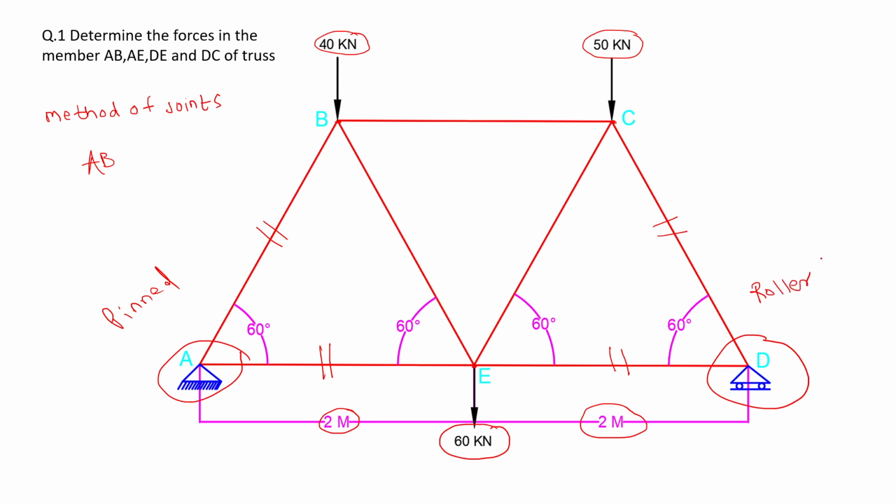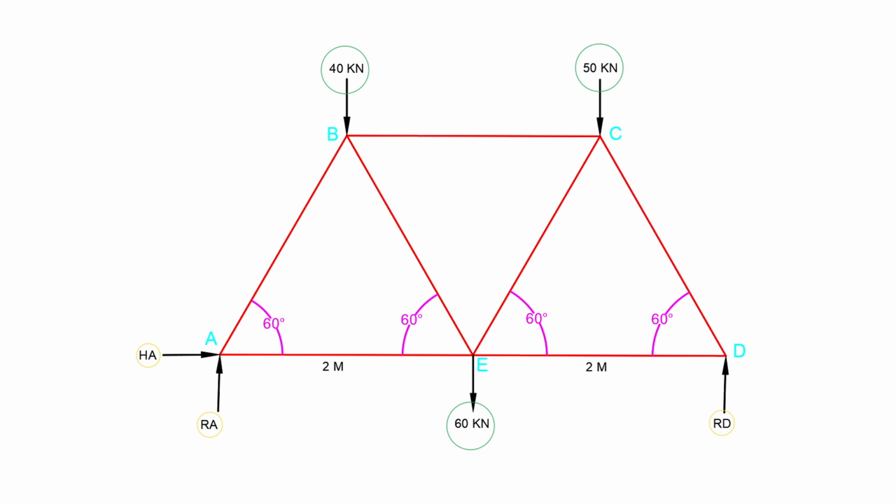So we have to show the reactions instead of the support. This is our first step. As we know, a pin support has two reactions. I have assumed upward RA and horizontal HA towards the right, and RD vertically upward.